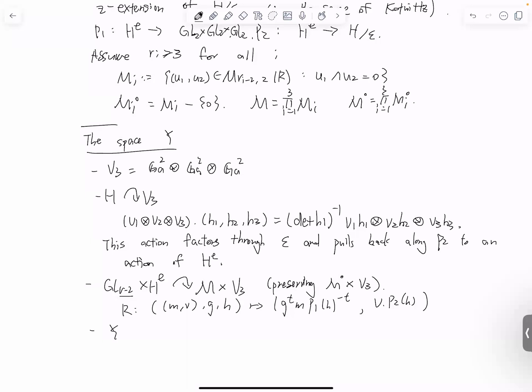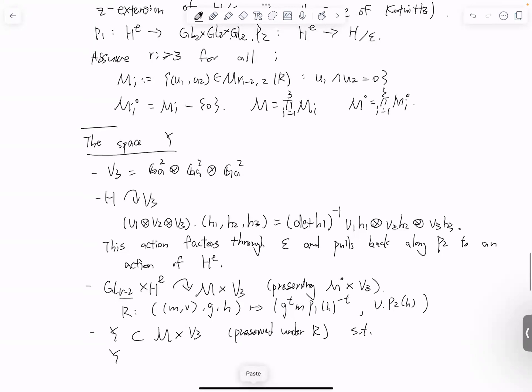And thus we define the space Y to be a subscheme of M cross V3 preserved under this action such that the base change Y over M circ is a vector bundle of rank 4 over M circ.